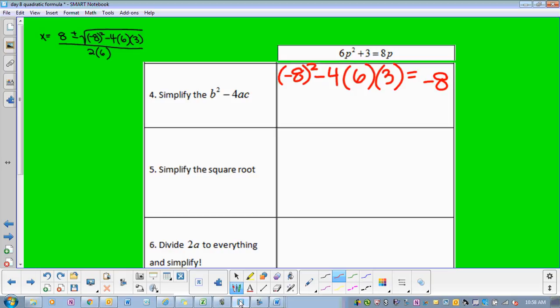So now it says simplify the square root. Okay, you know what? I'm just going to copy it over. X equals opposite B plus or minus square root of -8 all over 2A, which is 12.